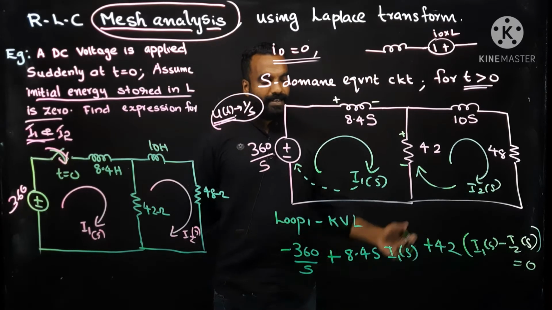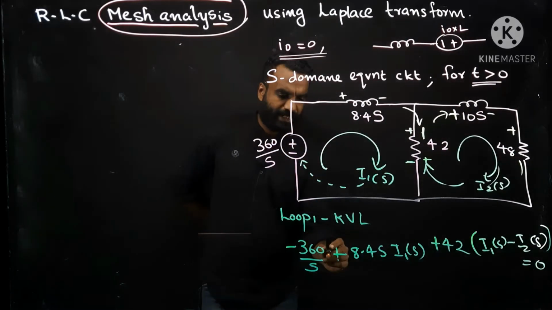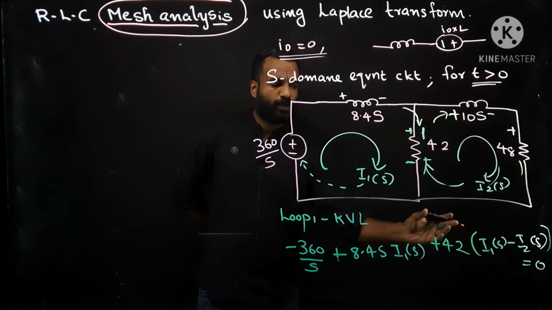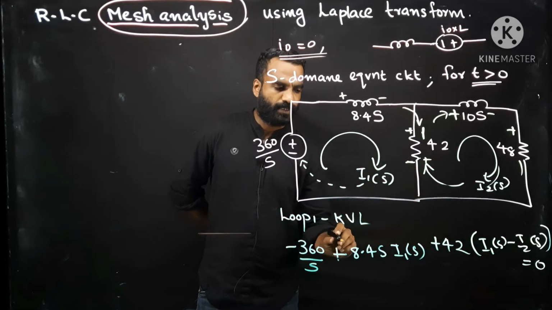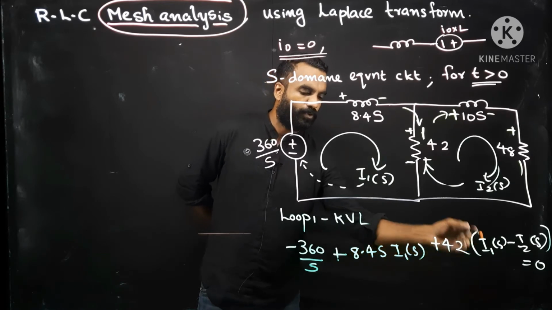So now you can rearrange these things. I am rearranging this equation by combining all I1 of S terms and I2 of S terms together. So for I1 of S, there is an 8.4S and 42.